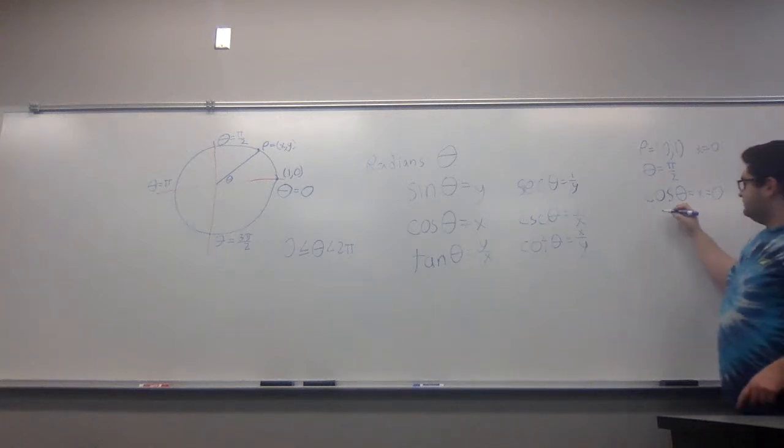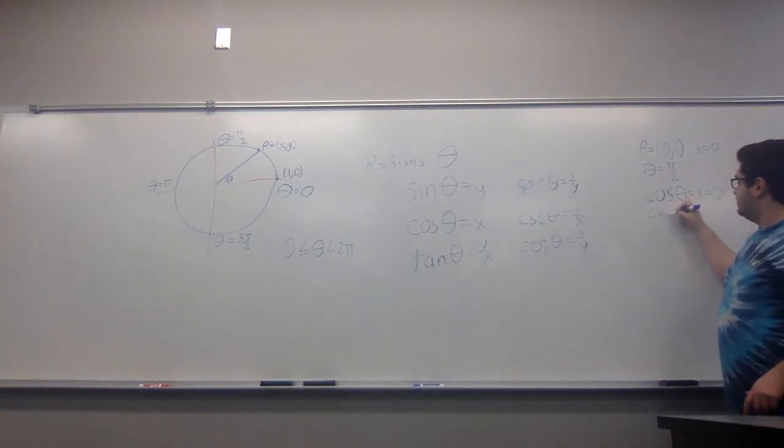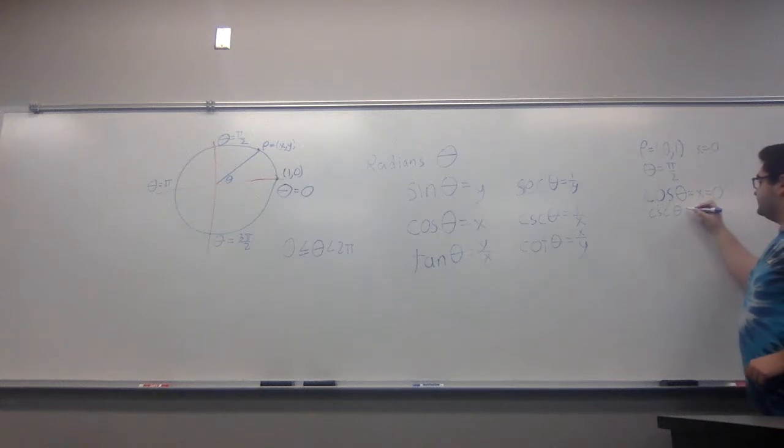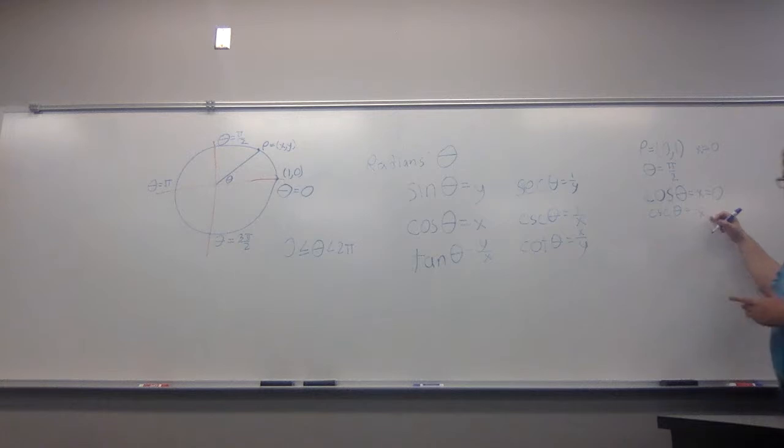And now, let's also look at cosecant of theta next, which would be 1 over x, and we said x is 0, so we have 1 over 0. But we have a little bit of a problem here, because we can't do 1 over 0. So, in this case, we would just say that it's undefined and it does not exist.